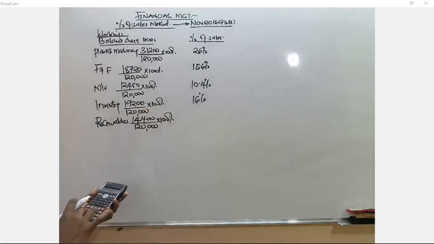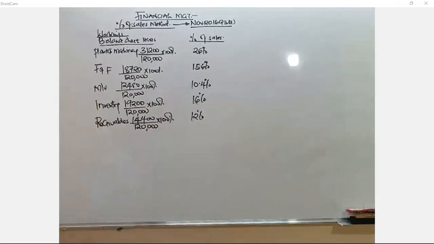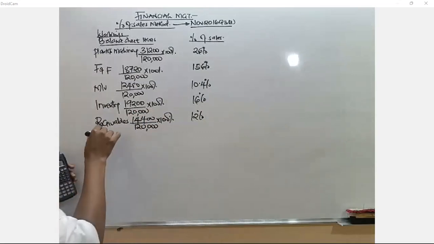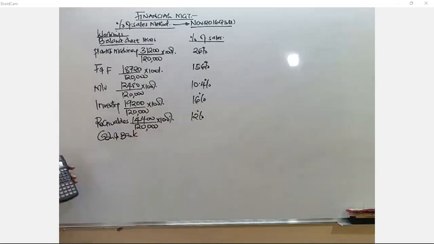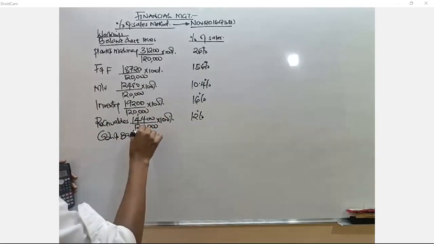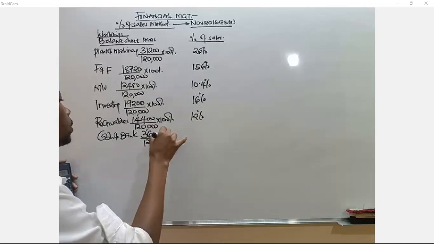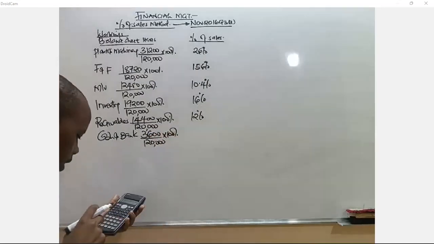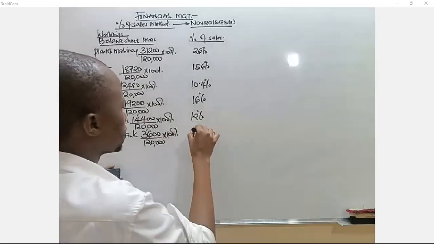So 14,400 divided by 120,000, getting 12%. The next one is cash and cash equivalents, so it should be cash and bank. The value provided there is 600. Divided by 120,000, you multiply by 100%. That's 600 divided by 120,000, getting 0.5%.